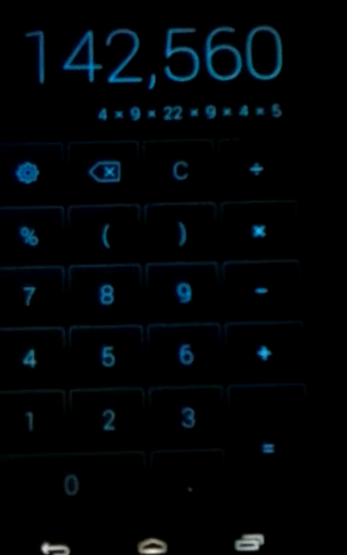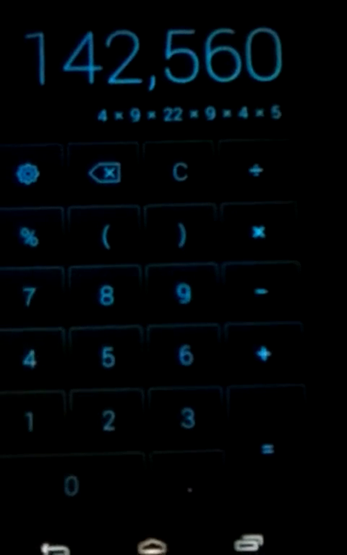D is 4, I is 9, V is 22, I is 9, D is 4, and E is 5. Also, inside the word divide, you see the 1440, or the minutes in a day.